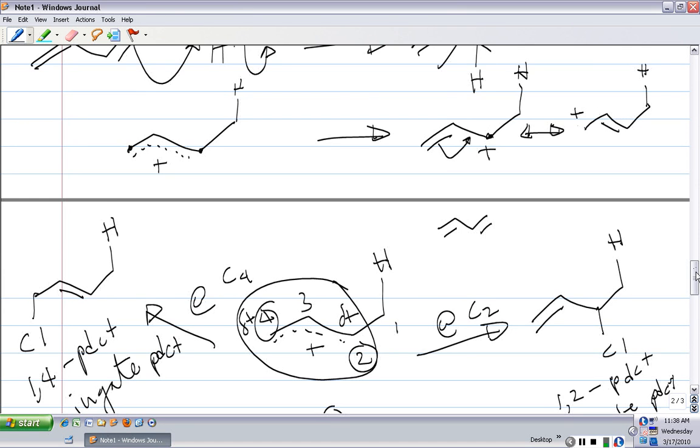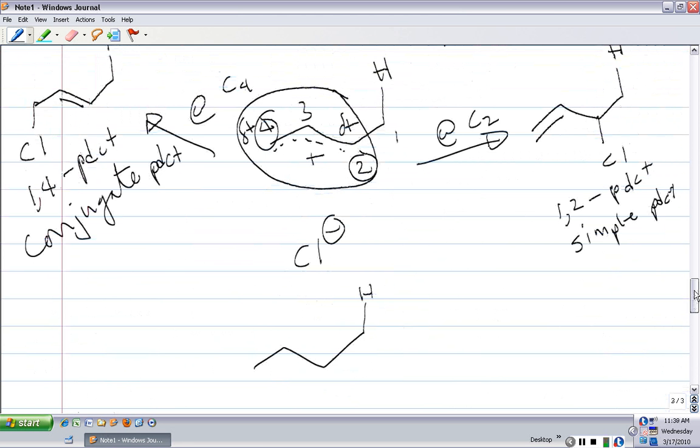I could look at it another way. I can say that when I actually have the hybrid, because the secondary position is better able to handle the positive charge, there is a larger positive dipole at carbon number 2 than there is at carbon number 1. So what's the consequence of that?